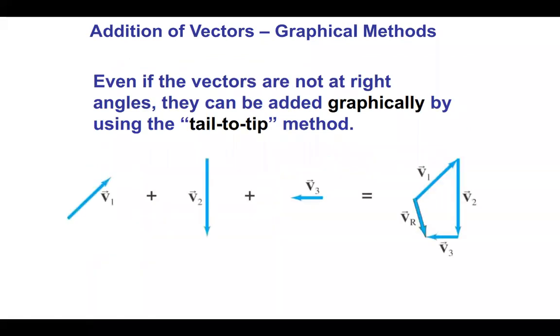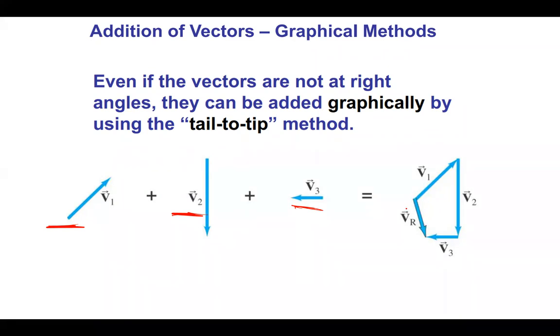This is exactly what we are talking about. When you look at these three vectors here, we have v1, v2 and v3. Adding them, you first have to combine them.